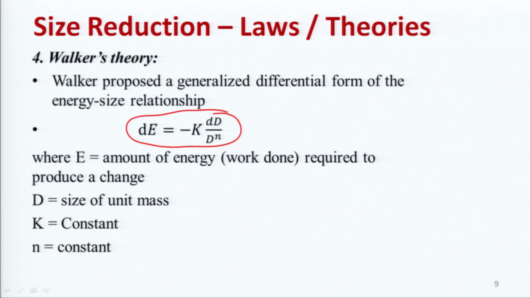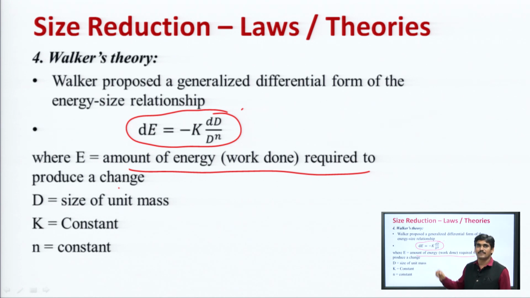So, what is this? dE is equal to minus K dD by D to the power n, where E is the amount of energy, that is the work done required to produce a change, D is the size of unit mass, K is a constant, and n is also a constant.